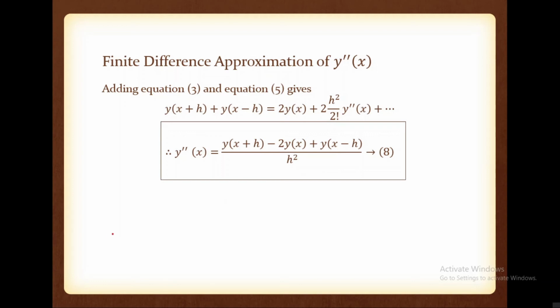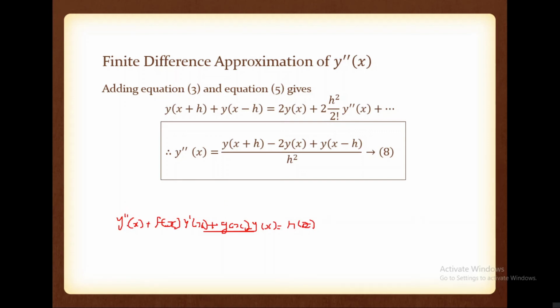Equation number 1 is, please note, remember always, y double dash of x plus f of x into y dash of x plus g of x into y of x equal to r of x. This is equation number 1 that we consider. That is the ordinary differential equation we consider.